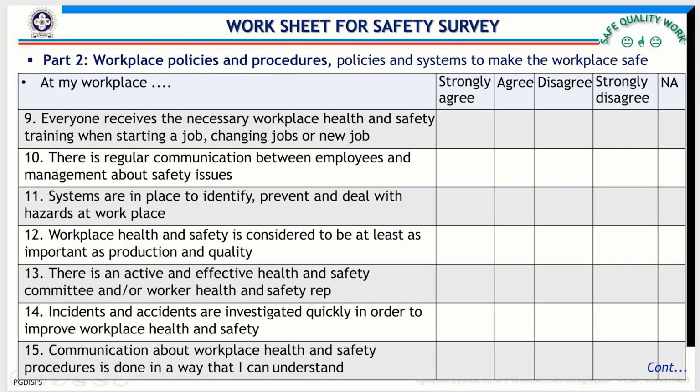Part 2, then we will include workplace policies and procedures, that is policies and systems to make the workplace safe. Here we shall put a question: at my workplace, everyone receives the necessary workplace health and safety training when starting a job, changing job or a new job.